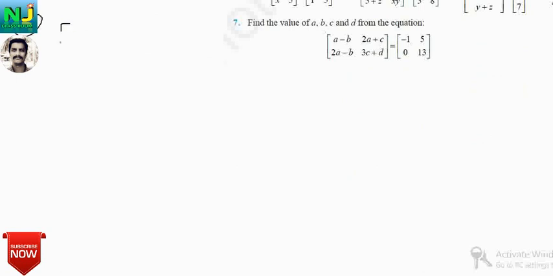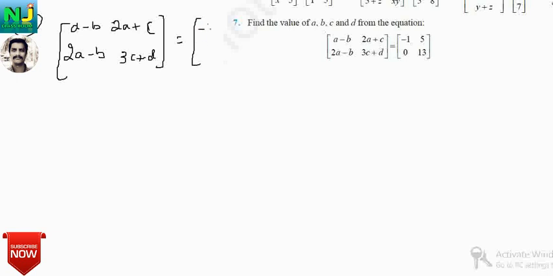So a minus b, 2a plus c, 2a minus b, 3c plus d equals, in the right hand side, -1, 5, 0, 13. Clear? The problem is clear.